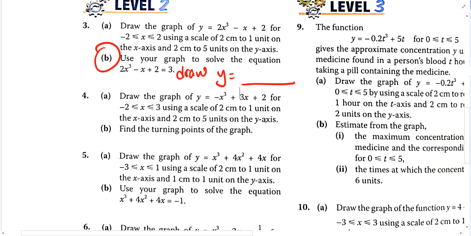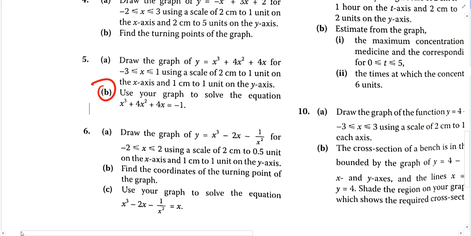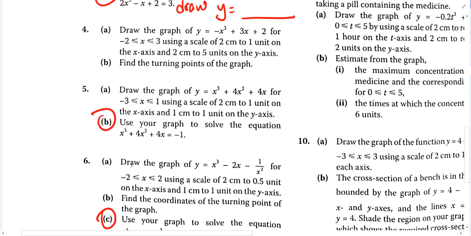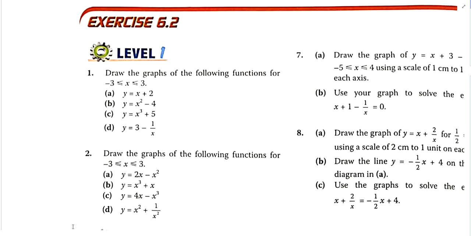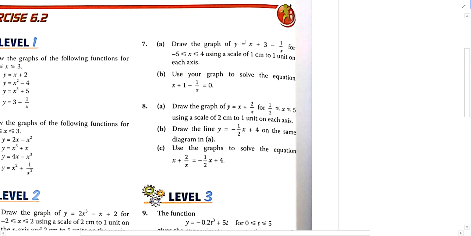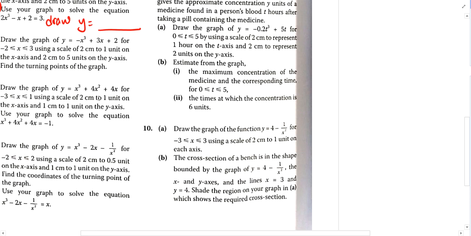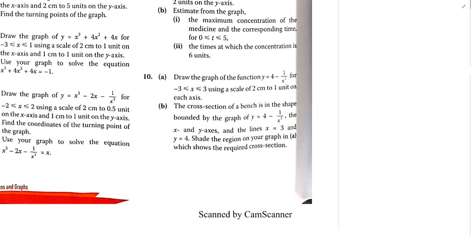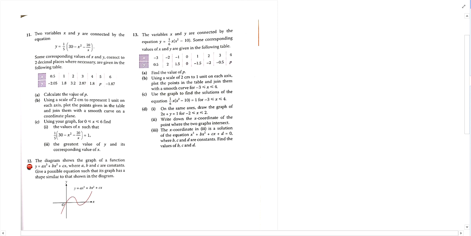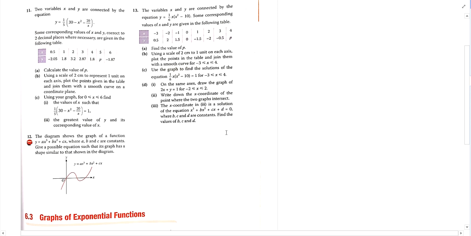So that's for 3B, 5B, 6C, 7B, 6C part 1, and 13D part 3.